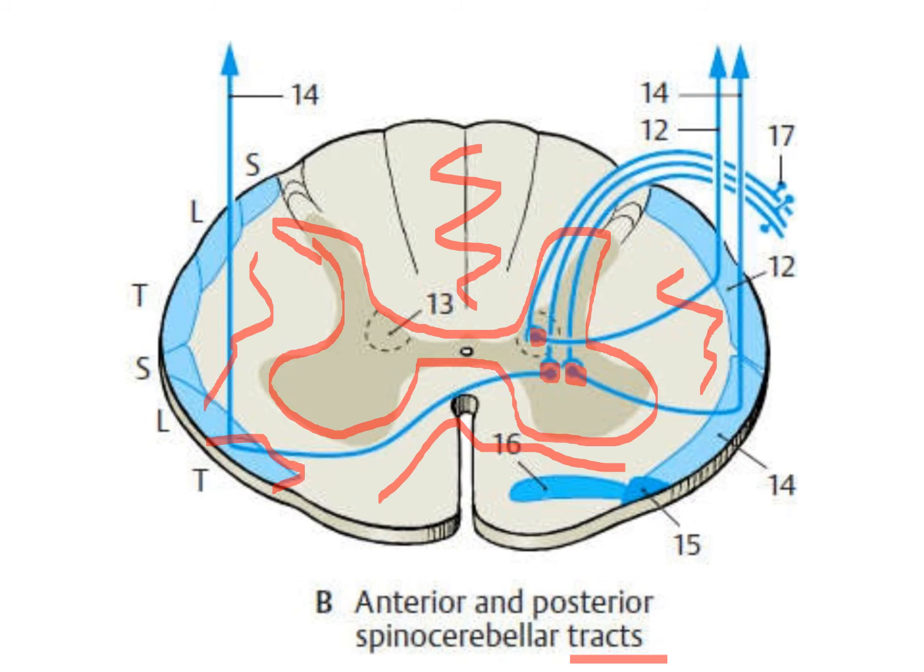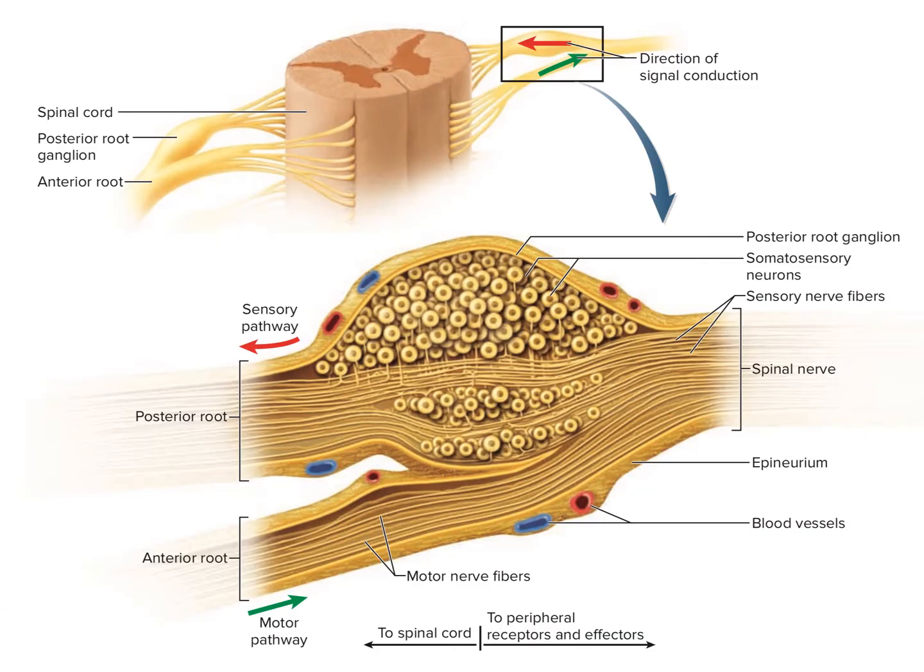The organization in the spinal cord is that the dark matter is in the middle and the white matter surrounds, while in the brain it's opposite. The dark matter is on the outside and the white matter is on the inside. I might have a picture later on.